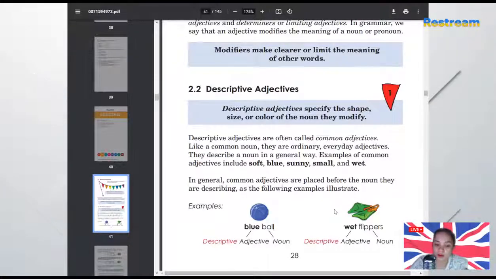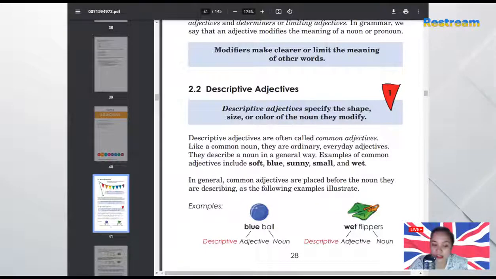Same goes with the wet flippers. The flippers is a noun, while wet is an adjective. Wet describes the flippers. It is already wet, so it describes the quality or the state of the flippers.